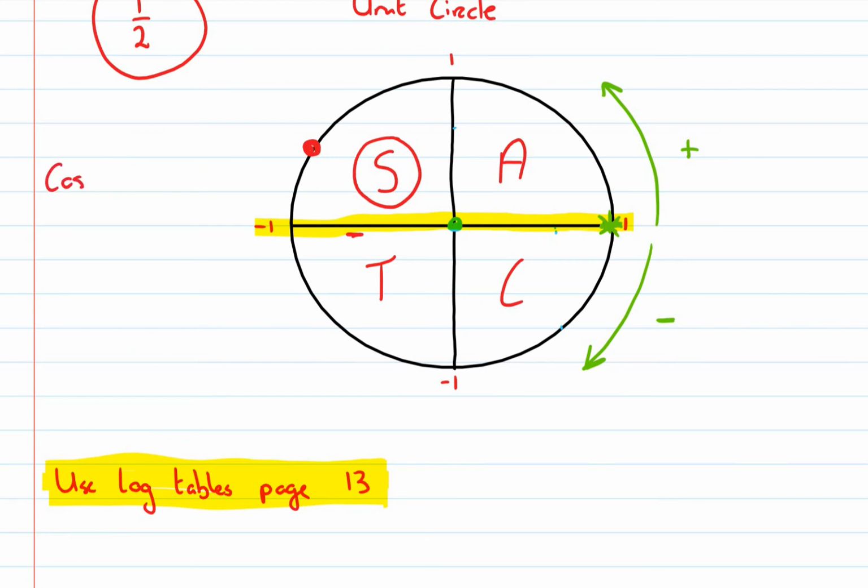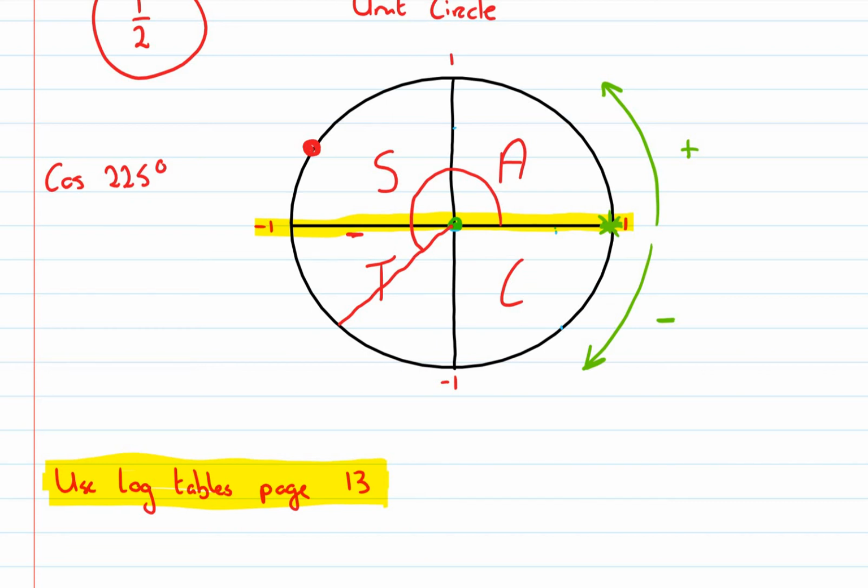So cos 225 degrees. It's positive, so we'll be measuring anti-clockwise. Get to 180 is here, and then down here. So from here to here is 225 degrees. But this is more than 90 degrees, so we need a reference angle.